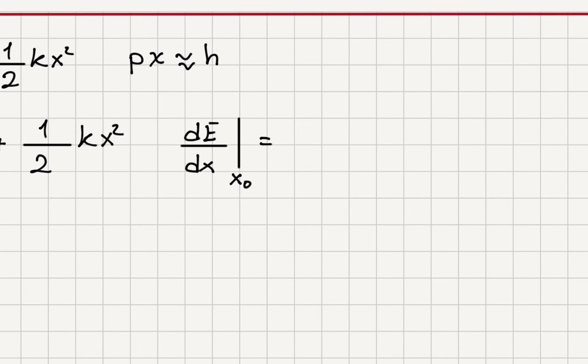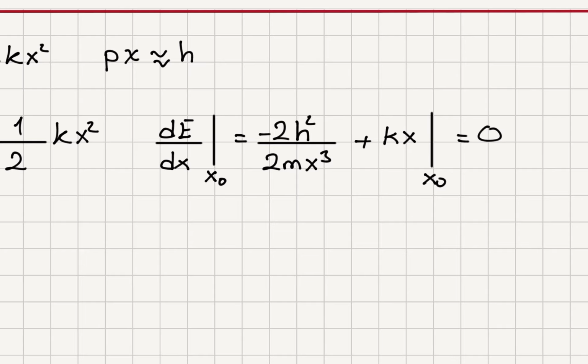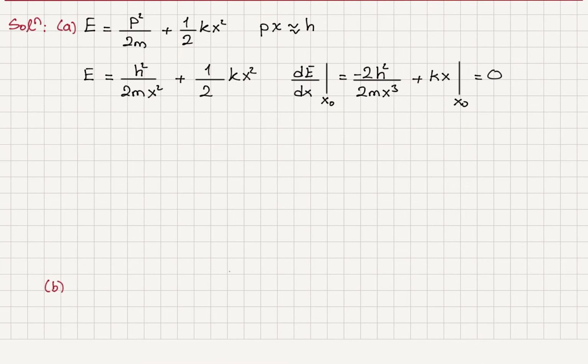So this gives me minus 2h²/2mx³. And the derivative of 1/2 kx² gives me 2/2 kx, so it's plus kx, evaluated at x0, which should be equal to 0 for the extremum point.